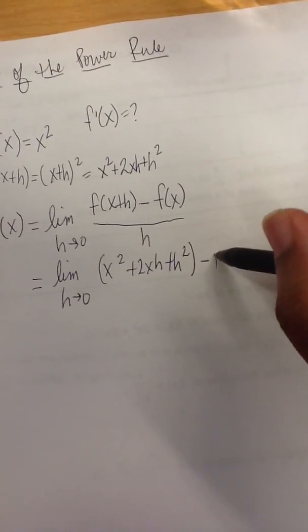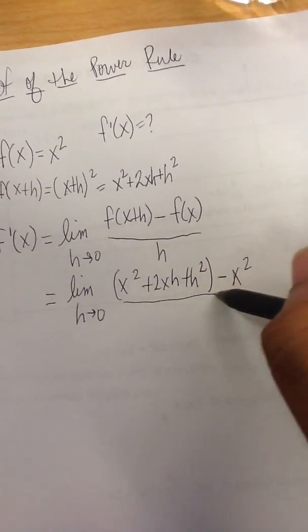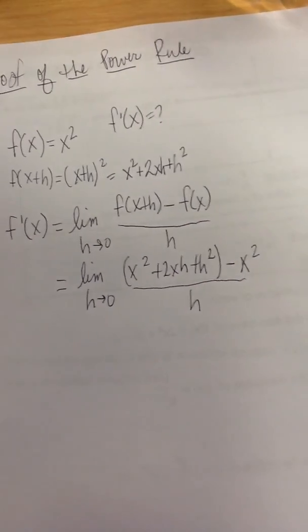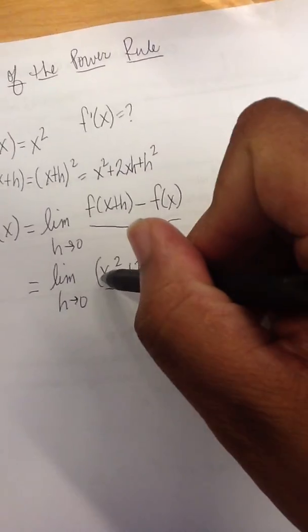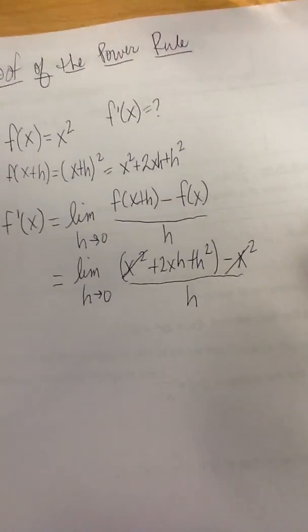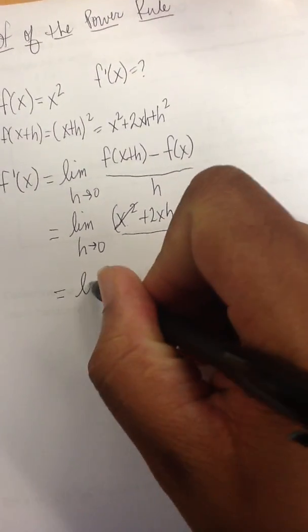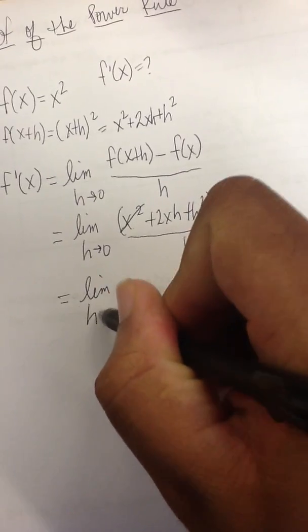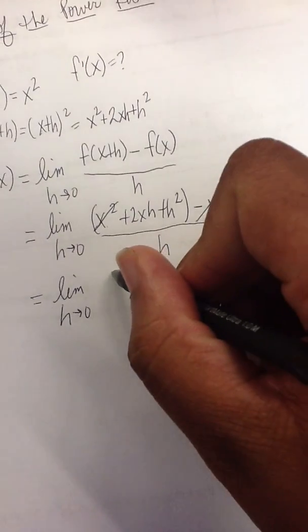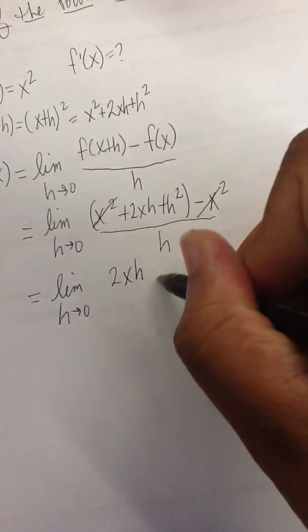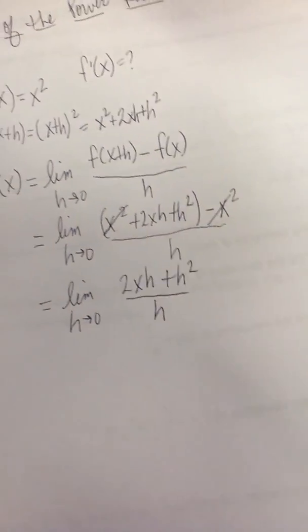That was x squared, so minus x squared, all over h. So what happens? X squared minus that x squared cancels. Notice I'm still writing the limit as h approaches 0; we keep writing it until we plug in. So I'm left with, at the top, 2xh plus h squared, all over h.